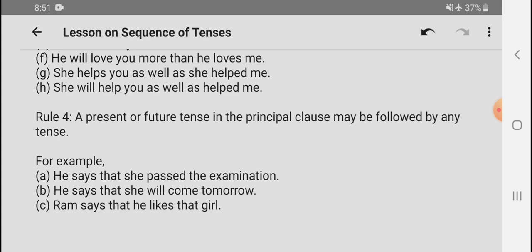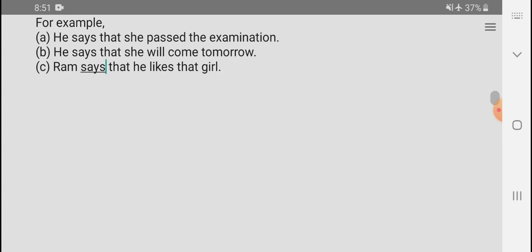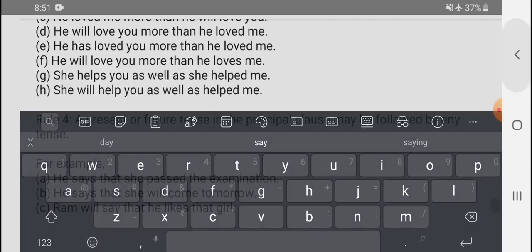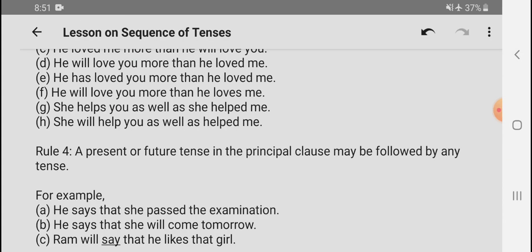Again, rule number 4 is just like rule number 3. It depends on you how you want to say it. But the catch is that the front portion, the beginning portion, will have to be in either simple present tense or simple future tense, or in any future or present tense.